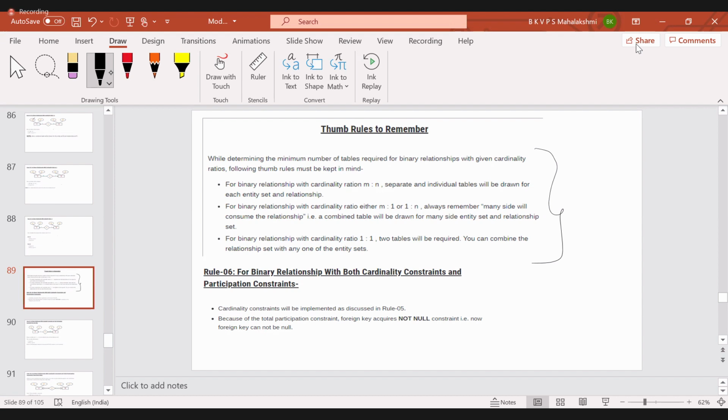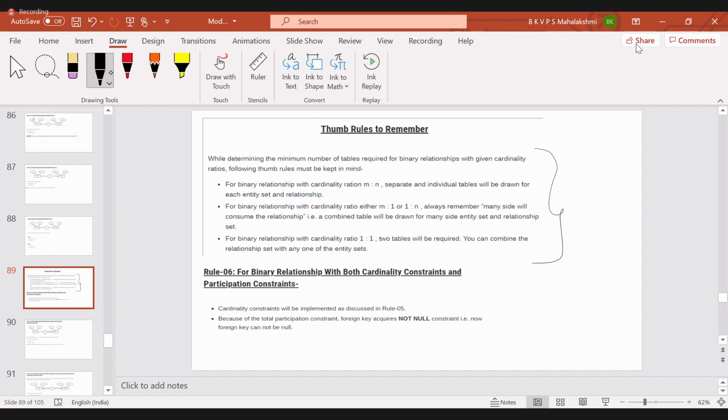Even again, suppose you kept some participation constraints between the entities. In that case, how do we have to convert that particular diagram into tables? The next thing is this one only. We know if there is an entity, how to convert it into a table.